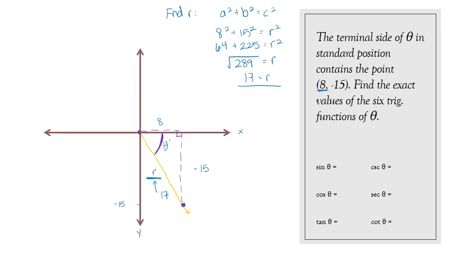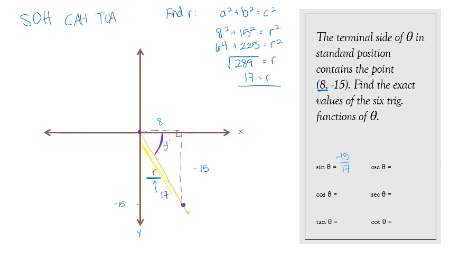So let's look at sine of theta. Sine, if we're talking about SOHCAHTOA, is opposite over hypotenuse. Opposite my angle is here. Hypotenuse is here. So that's going to be negative 15 over 17.